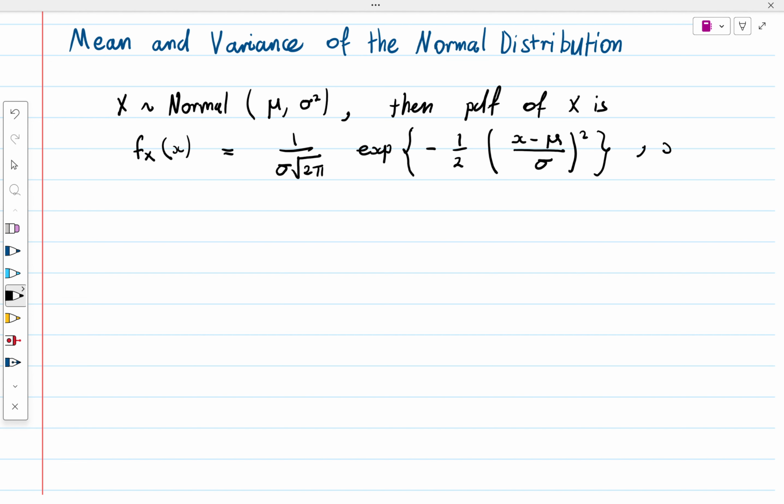And this is applicable for the domain x is an element of the real numbers.